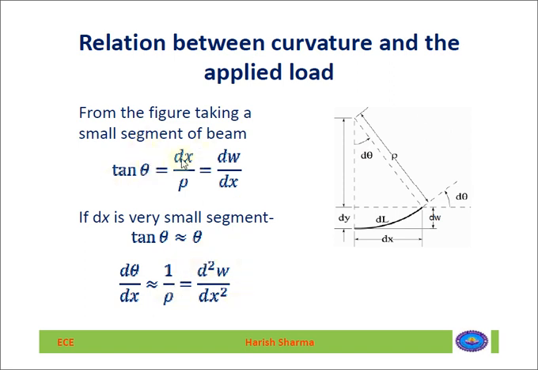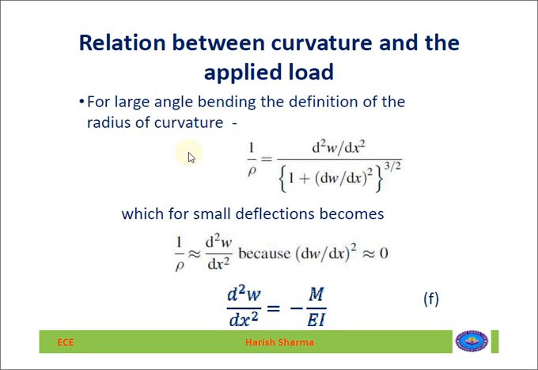So theta is equal to dw by dx, and d theta upon dx is equal to 1 upon rho. Because theta is equal to dw by dx, we can write 1 upon rho is equal to d square w by dx square.